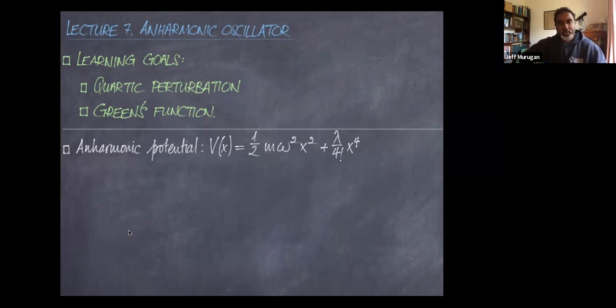But with this quartic term present, we're not going to be able to explicitly carry out the path integration. However, we can imitate what we just did with the previous integral and try to compute the path integral perturbatively in the coupling lambda. So lambda is what we call a coupling constant.